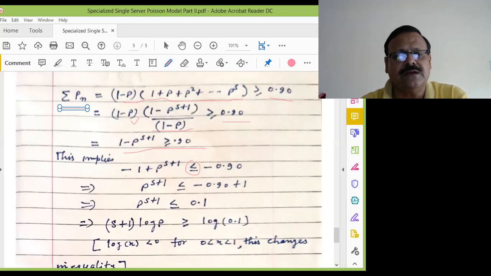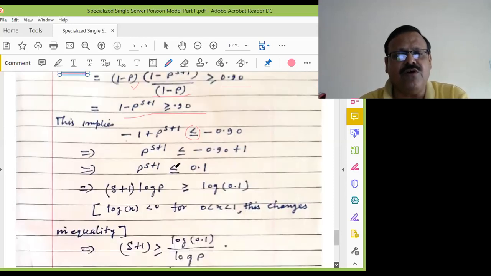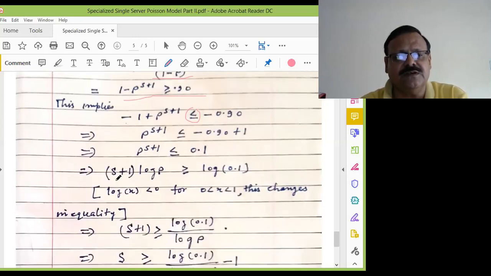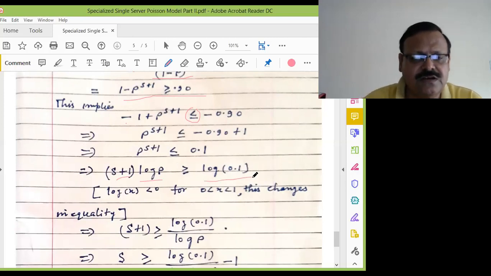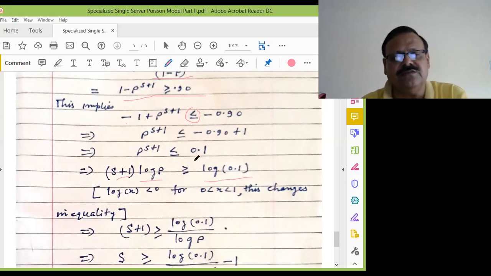And look here, you take the log. If you take the log, s plus 1 log rho is greater than or equal to log 0.1. Here you may be asking why this inequality we have changed. The reason is, you look here, log x is less than 0 for values lying between 0 and 1.